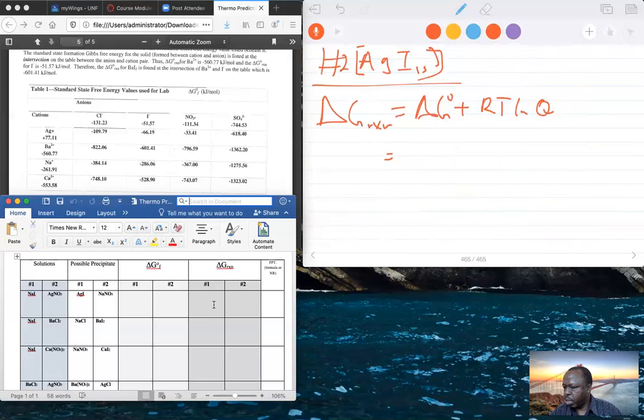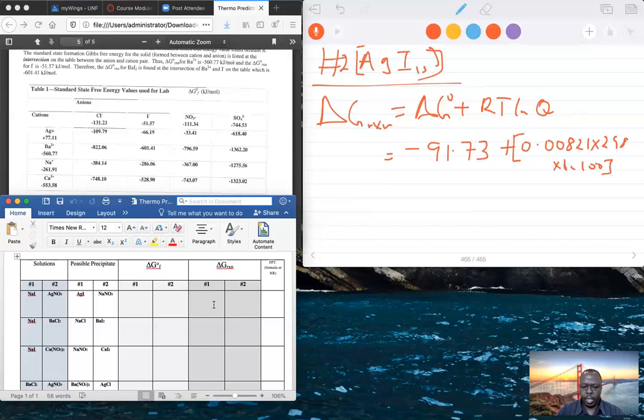So here, negative 91.73 is in kilojoules, plus 0.00821 times 298 times ln of 100. ln of 100 was 4.18.